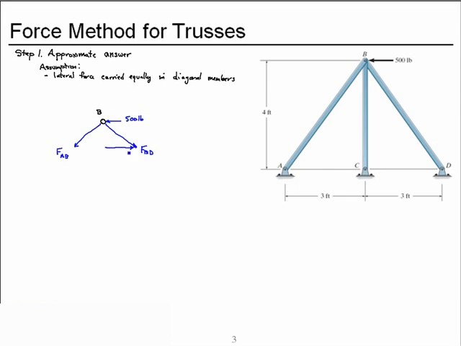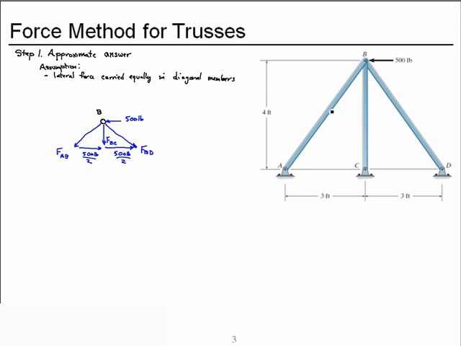So the horizontal component of force BD will be 500 divided by 2, or 250 pounds. And the horizontal component in AB will be 500 divided by 2, or 250 pounds. Now remember, there's also member BC, but it's vertical, so it has no horizontal component.